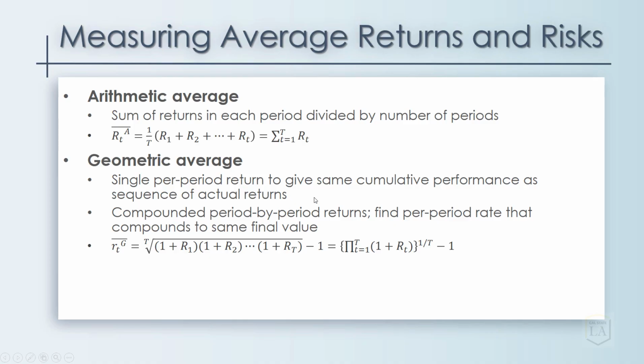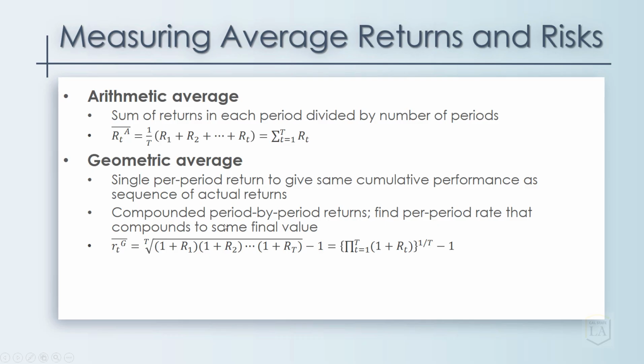So let's say all the returns over the time period were different: 1% in year 1, 2% in year 2, 3% in year 3, and so on. So they can be different. However, we would want to find a single per period return that would give us the same total return as what you have earned from these different returns over the time period.